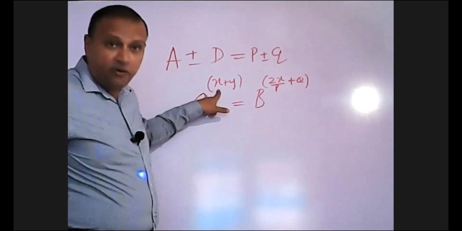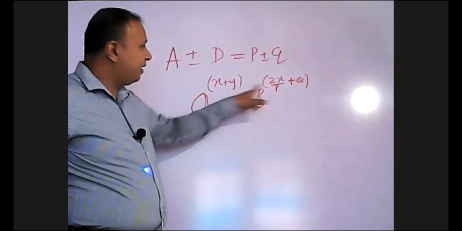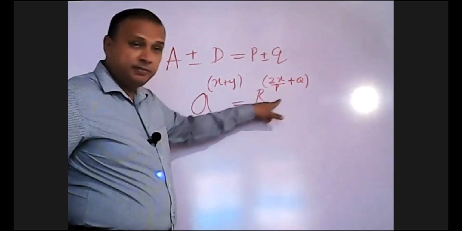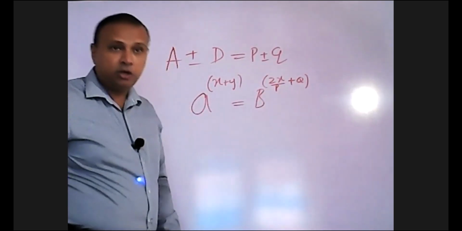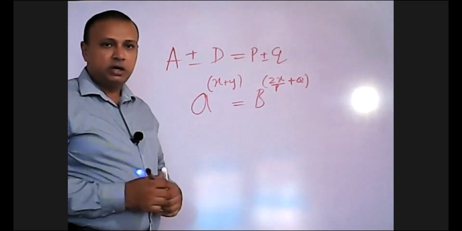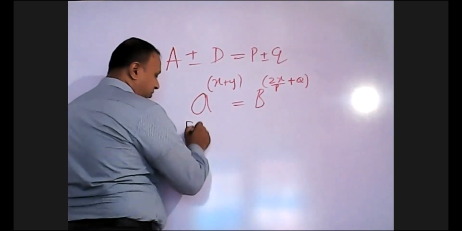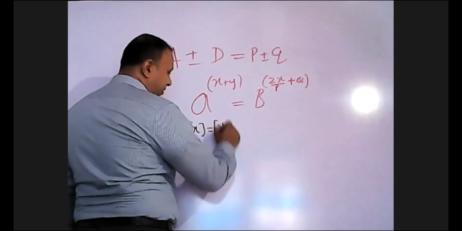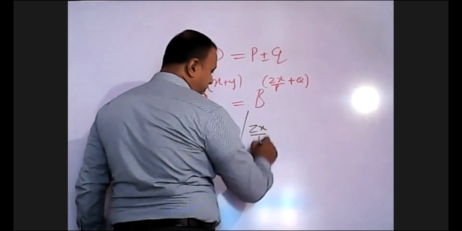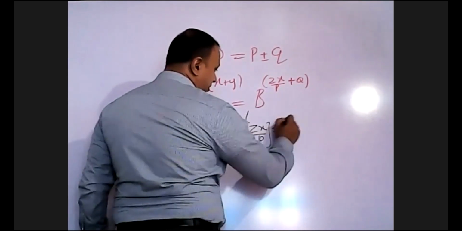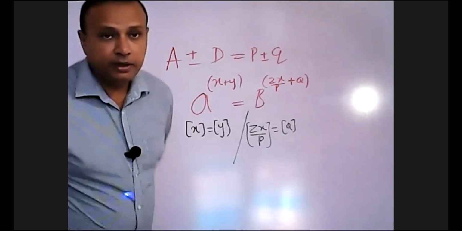Therefore, the dimension of x should be equal to the dimension of y. Likewise, the dimension of the term x over p should be equal to the dimension of q. So according to this second factor, dimension of x equals dimension of y, and dimension of x over p equals dimension of q.